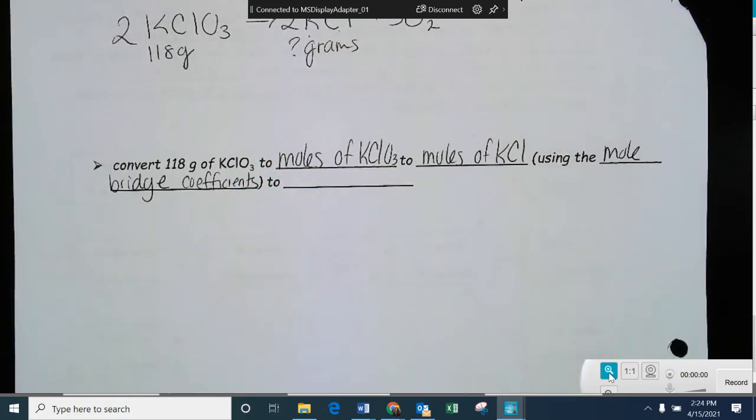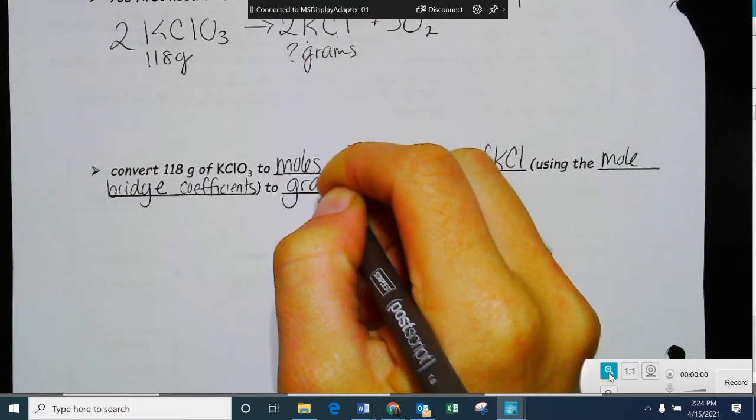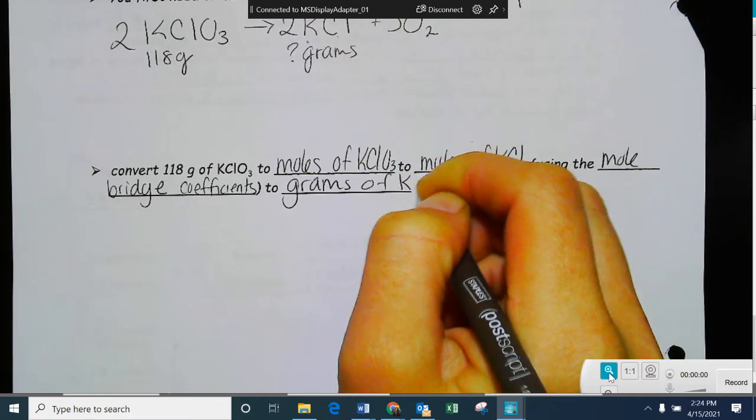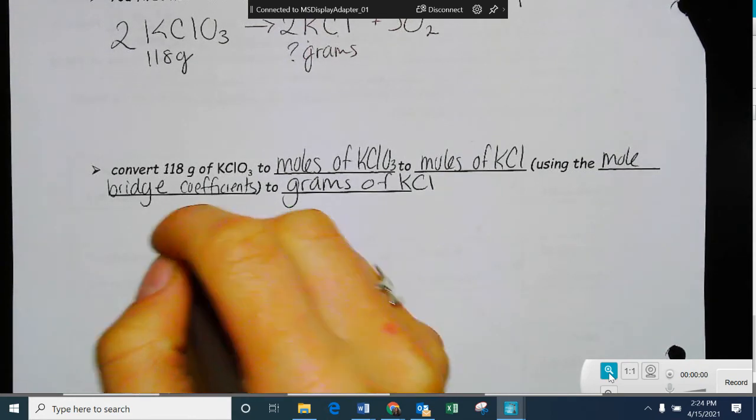And then we're going to go from the moles of KCl to grams of KCl. Okay. First thing, I need the molar mass of potassium chlorate, and I need the molar mass of potassium chloride. I am going to give you those.